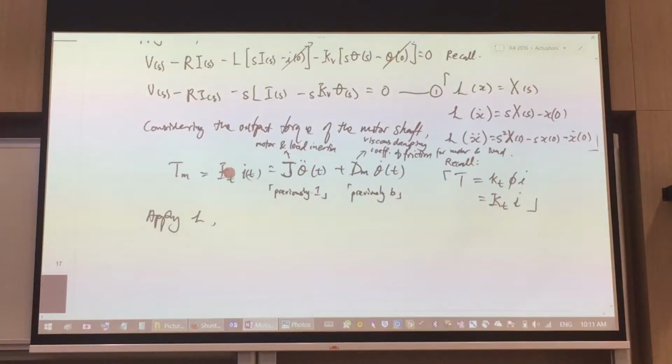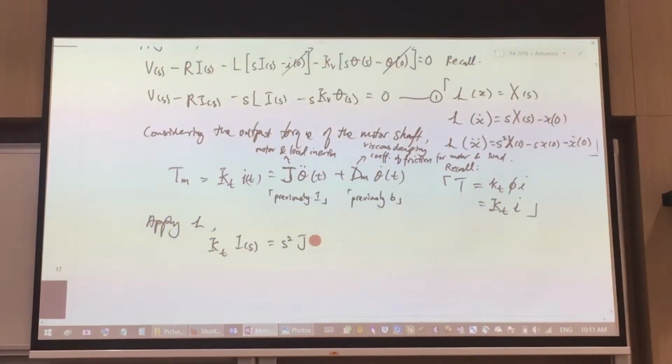If we apply the Laplace transformation, that KT will stay, i will become capital I(s). And this part, because of theta double dot, becomes s squared J theta(s), plus this part becomes s Dm theta(s). A lot of it will be equal to 0, the initial conditions.